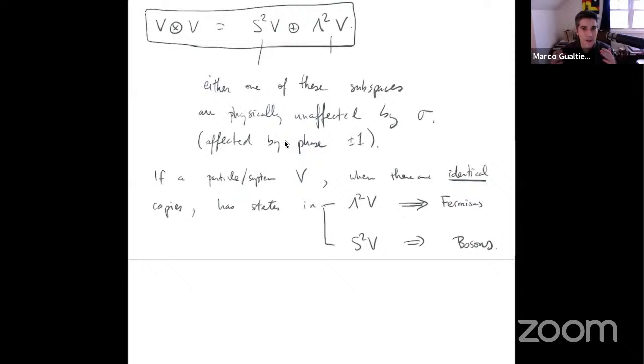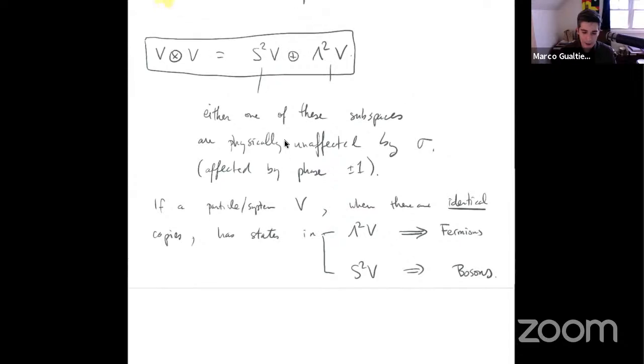The question is, what kind of statistics do the particles have? How do they behave when they're in large numbers? If they are in this type of tensor product, they're called bosons, and if they're in this one, they're called fermions. Is that clear? Any questions about this?